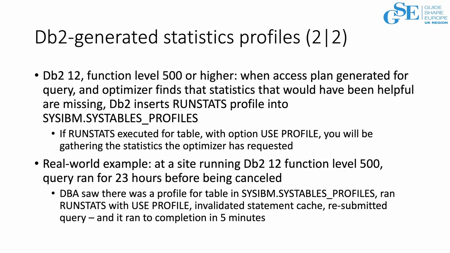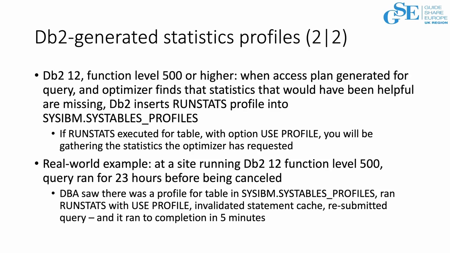So in function level 500 of DB2 12 or higher, when the access plan is generated for a query, static or dynamic, the optimizer will find the statistics that would be helpful in optimizing that given query. And then it'll insert a row into the SYSIBM.SYSTABLES_PROFILES.